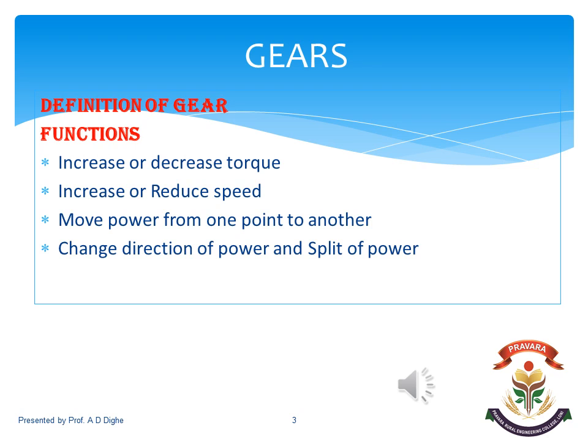As there is slip present while transmitting power in a belt drive, it is called a non-positive drive. In gears, the power is transmitted by progressive engagement of teeth. Therefore, we can obtain the exact velocity ratio as there is no slip, and it is called a positive drive.